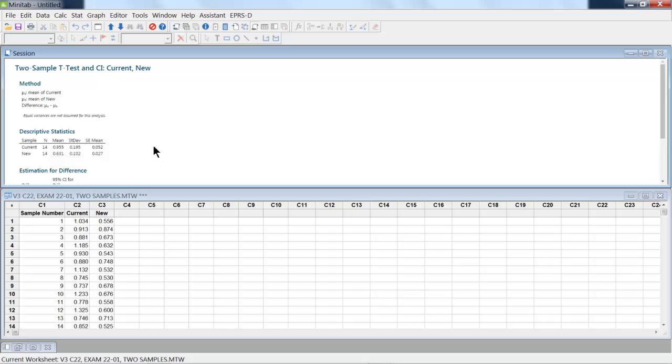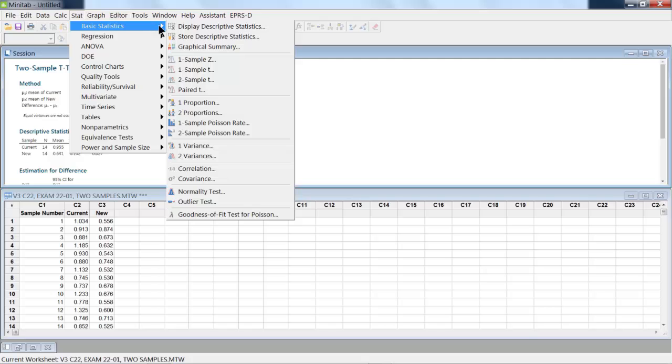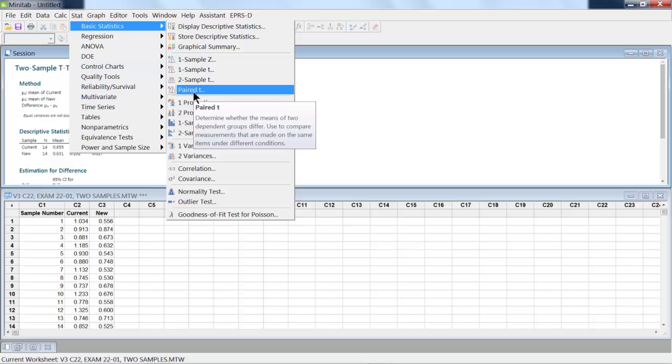Now, there's another option that you can have here: Stat, Basic Statistics, and you have a paired t-test. A paired t-test is useful whenever you've got a situation where you might have a sample going through two different test stations where each of those has a response, and then you want to look at the difference in the measurement.